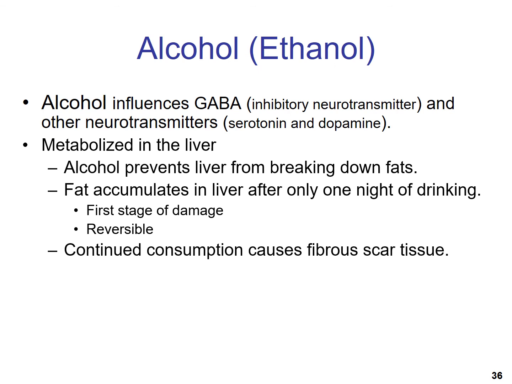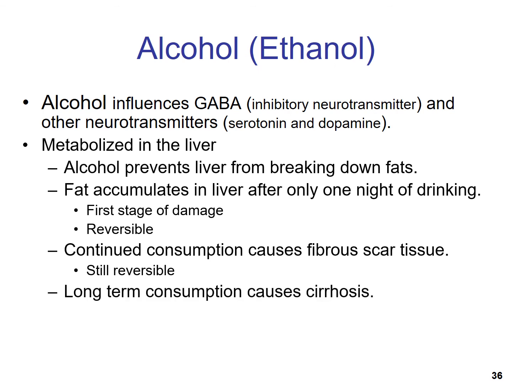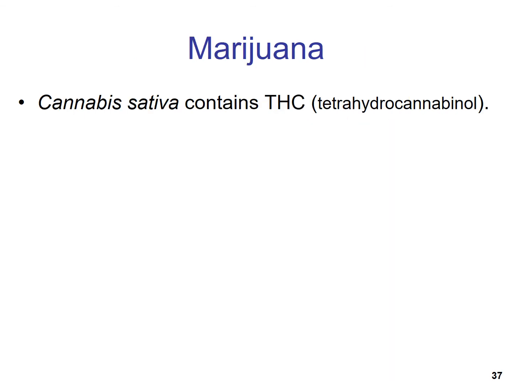But if you continue to consume alcohol at a high level, it will cause fibrous scar tissue, and to a certain extent this is still reversible, but long-term consumption is going to cause cirrhosis, which is not reversible. This is where you've had death of enough liver cells to lose either partial or complete function of the liver.